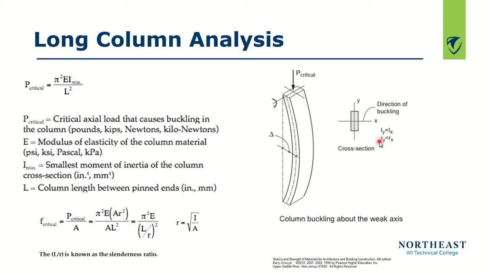This little r term is called the radius of gyration. This is another term used in column analysis, so it's kind of hard to explain. Just know that I and r are related, as we see down here. To figure out the critical load before the column buckles, we have to use an equation: pi, 3.14, squared, times the modulus of elasticity, which we find from tables, times the minimum moment of inertia, that smallest mathematical number.